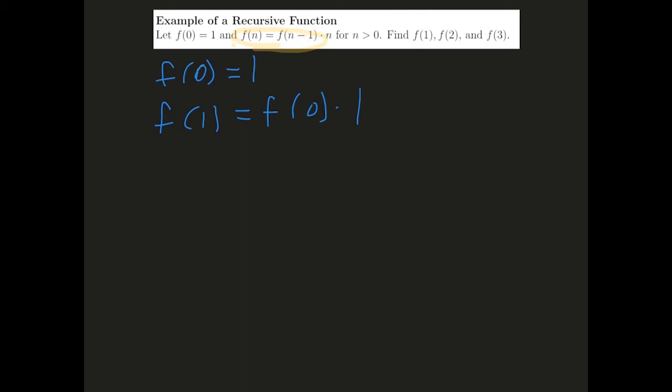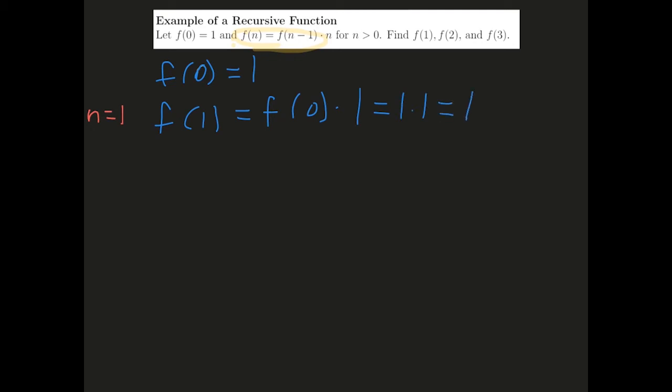So if n is equal to 1, that means I'm plugging in a 1 for my function initially, and then I have n minus 1 in here, and then I'm multiplying by n right here. And that's where that came from. So this is going to give us, that's equal to, well, f of 0 is 1, so 1 times 1, which is 1.